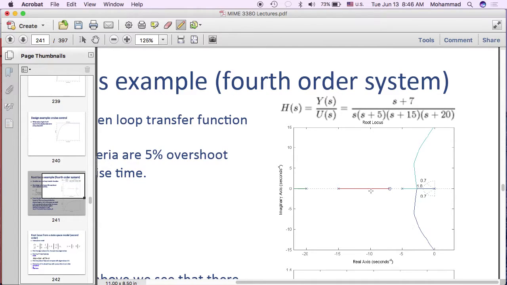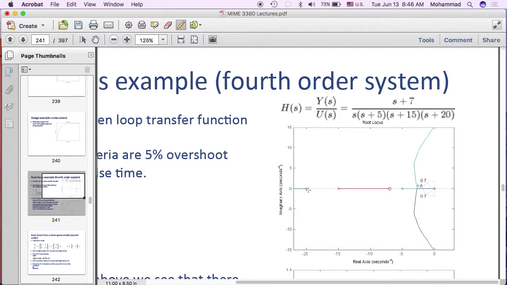Look at the 4 various colors that we have: blue, cyan, red, and light blue. So these are the 4 branches of the root locus. All the branches start from the poles of the open loop. One of them starts from 0 because s equals 0 is one of the poles. The next one starts at s equals negative 5 because the next pole is negative 5. The next one starts at s equals negative 15 because negative 15 is the 3rd pole.